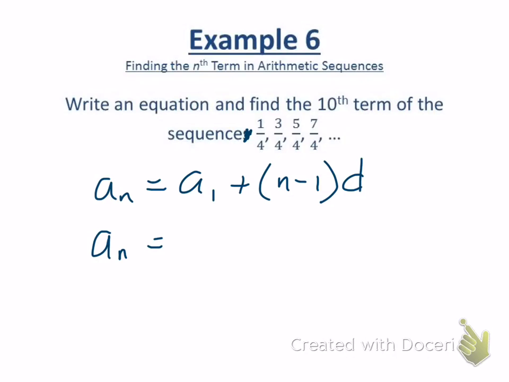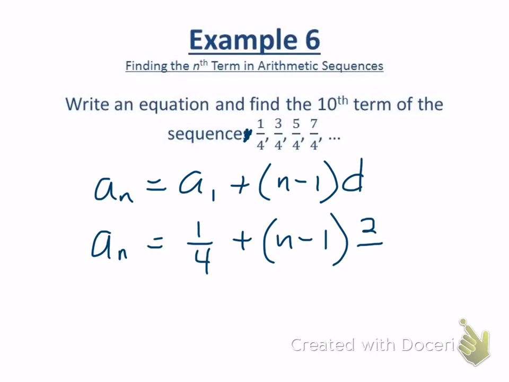You got the equation, Jack? What's the equation? A sub n equals 1/4. Beautiful. First term plus n minus 1, there's no 4 there, this is the nth term in there, times the common difference, which is what?